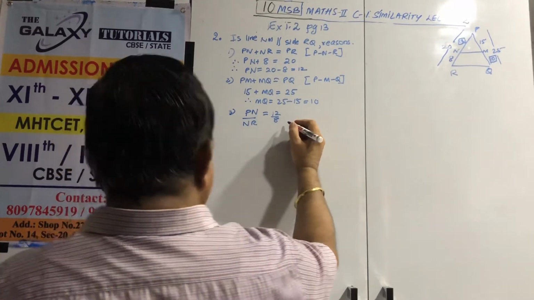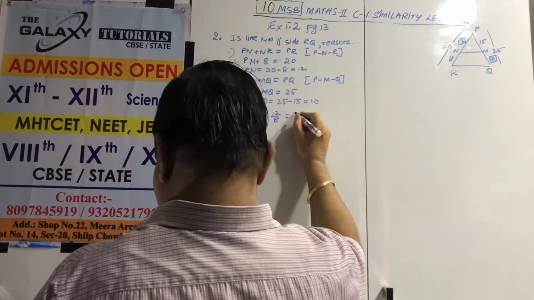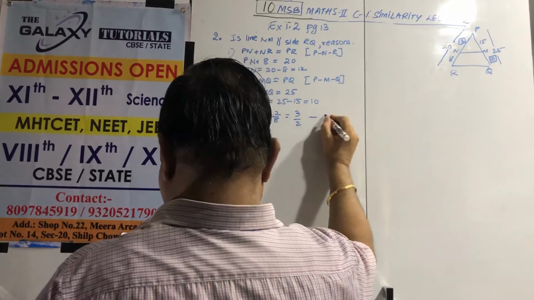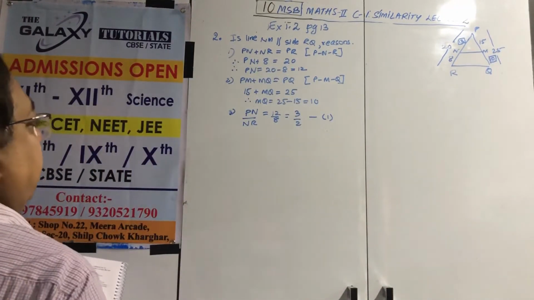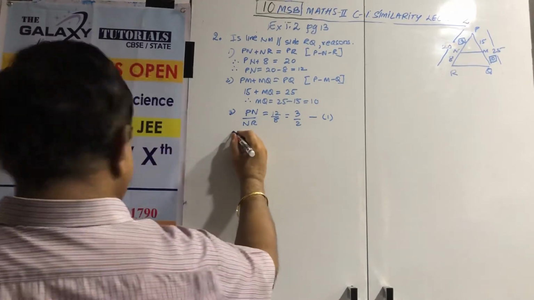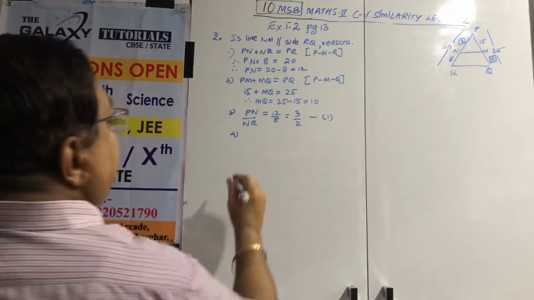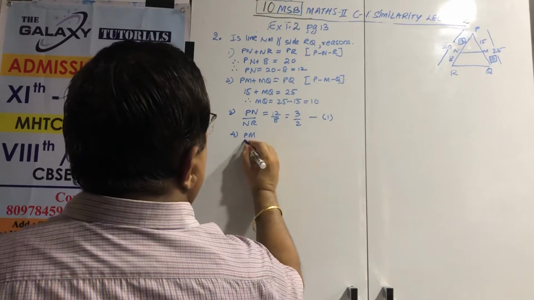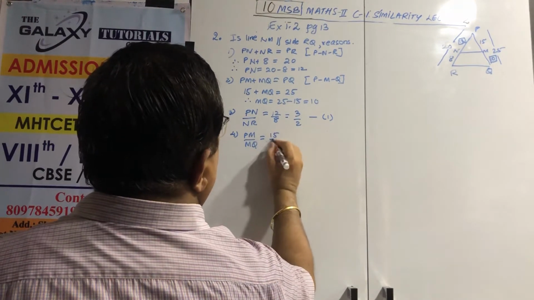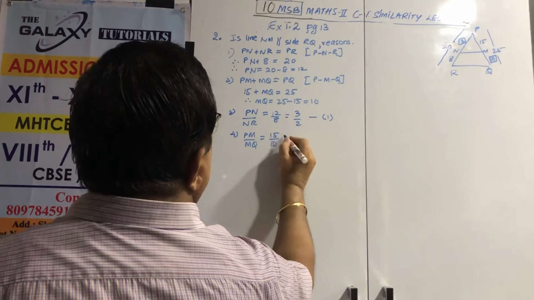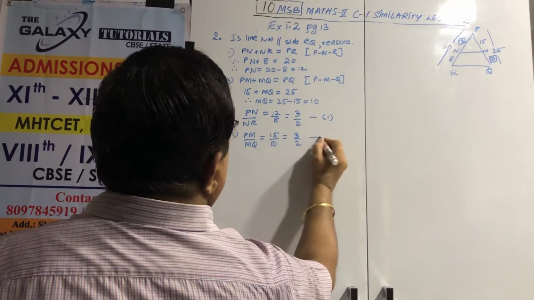When I divide, 4 2s are 8, 4 3s are 12, I will get 3 upon 2, that is 1. Then next, PM upon MQ is equal to 15 upon 10. 5 2s are 10, 5 3s are 15. So that is number 2.